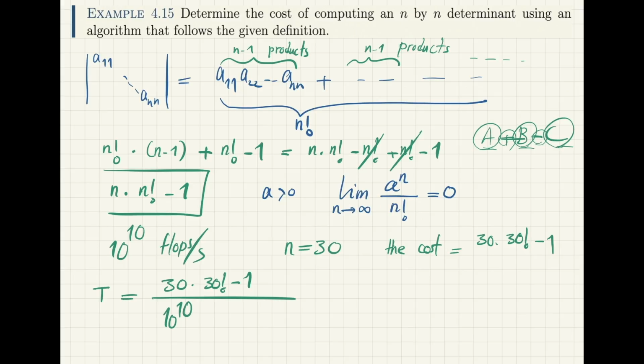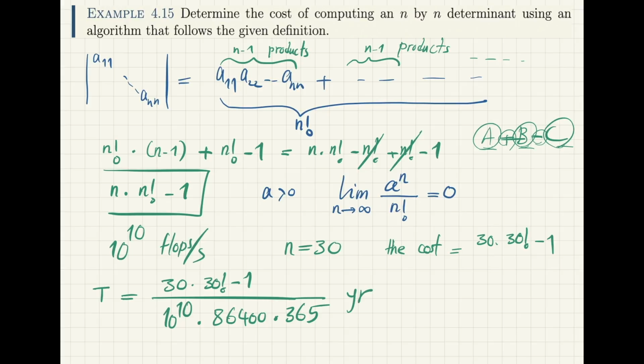This of course gives me seconds. If I divide by 86,400, the number of seconds in a day, this will give me the days, and if I divide by 365, it gives me the number of years.